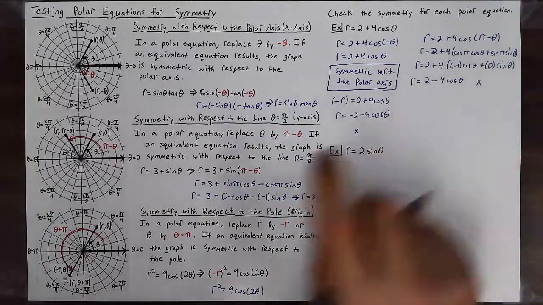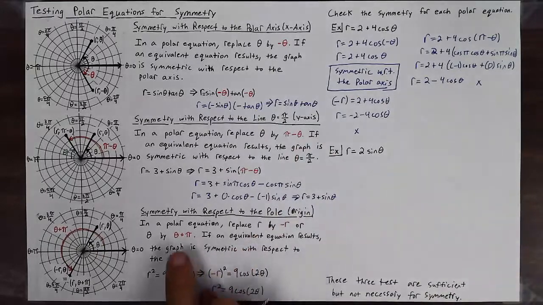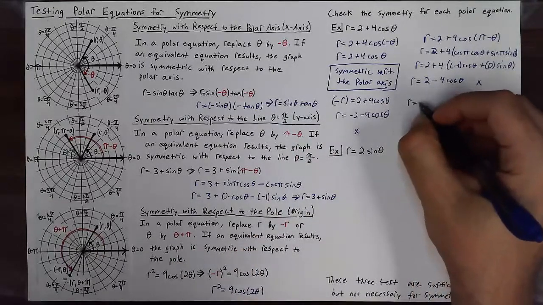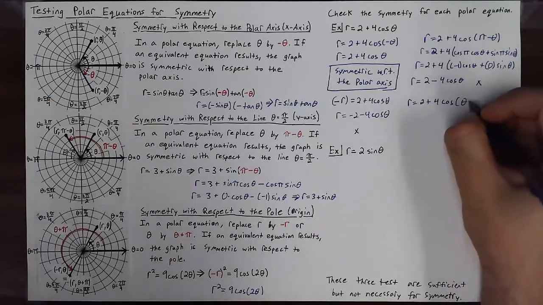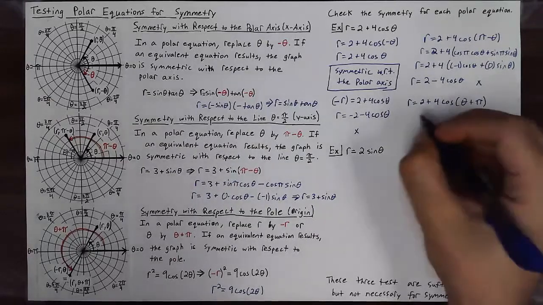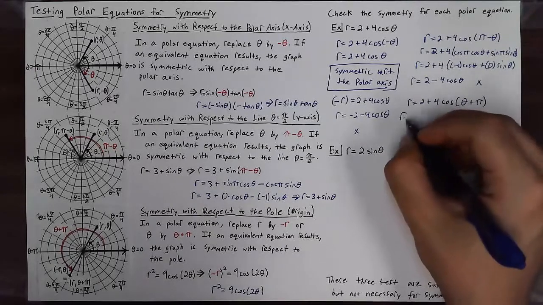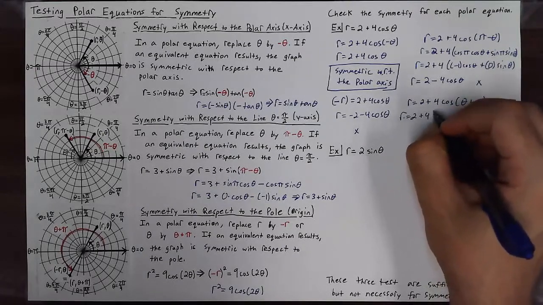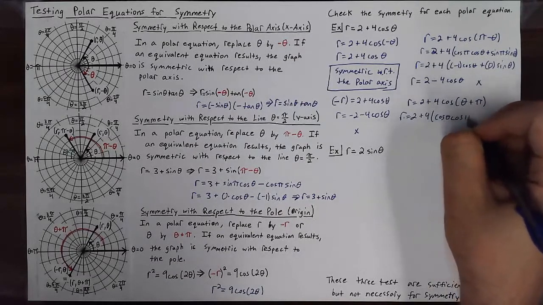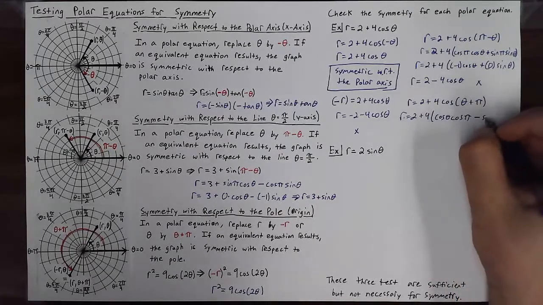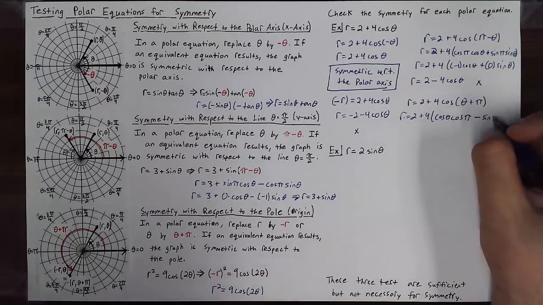But I could also try the theta plus pi. So r is equal to 2 plus 4 cosine of theta plus pi, which I will use the sum formula for cosine. So 2 plus 4 times cosine of theta, cosine of pi, but minus sine of theta, sine of pi.